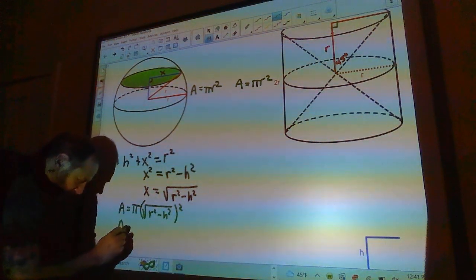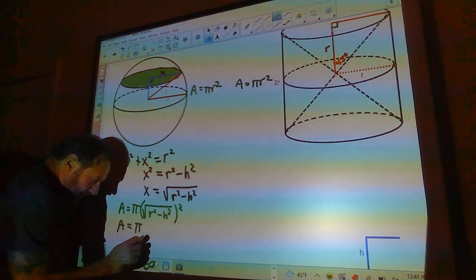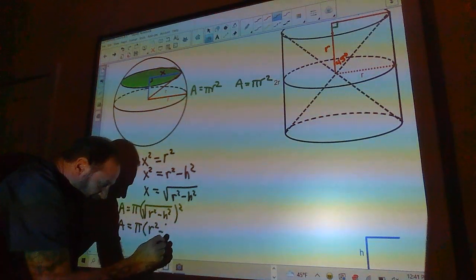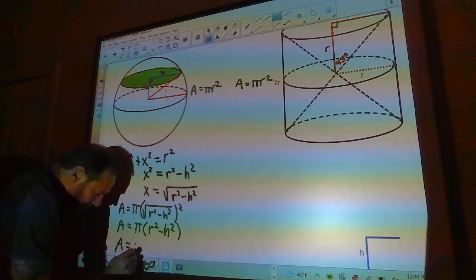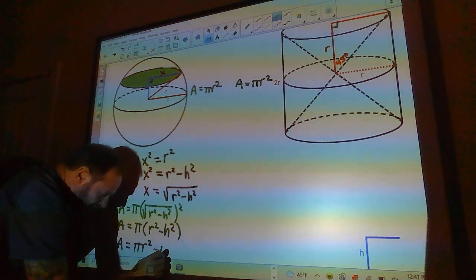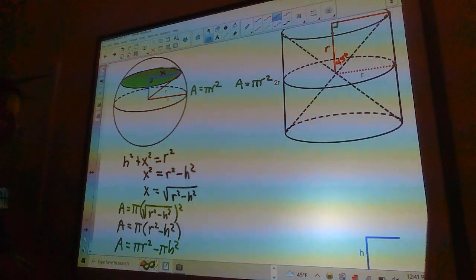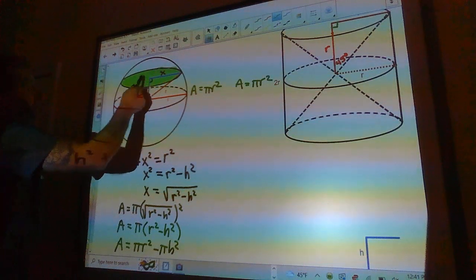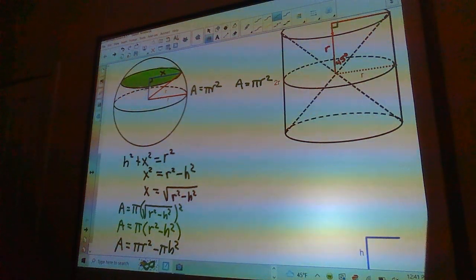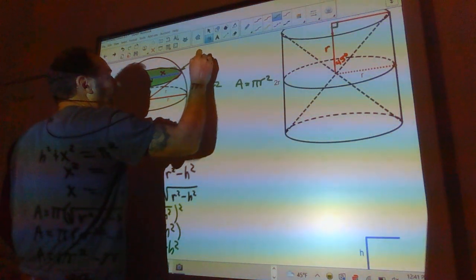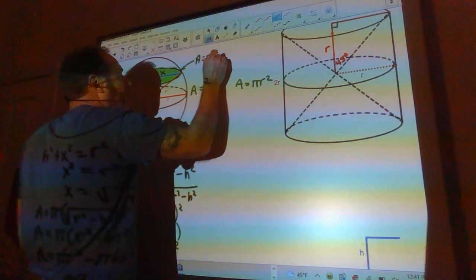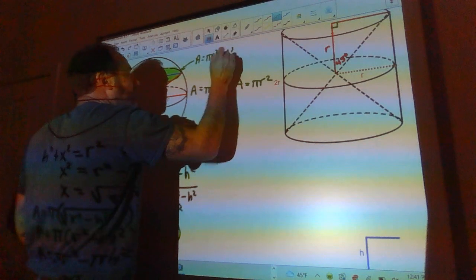So this is going to become area equals pi times r squared minus h squared, which is just pi r squared minus pi h squared if I distribute it. So this is the area of that green circle. Okay, so we can put this right here. Area is pi r squared minus pi h squared.